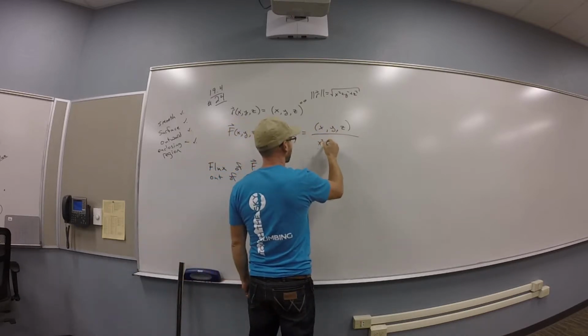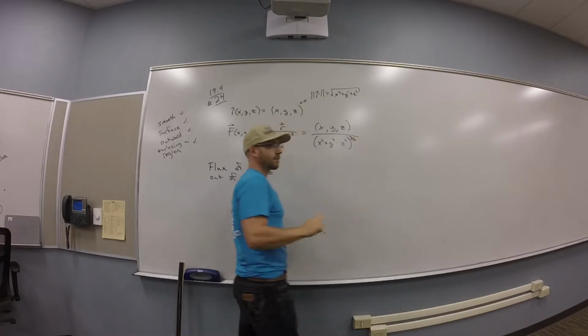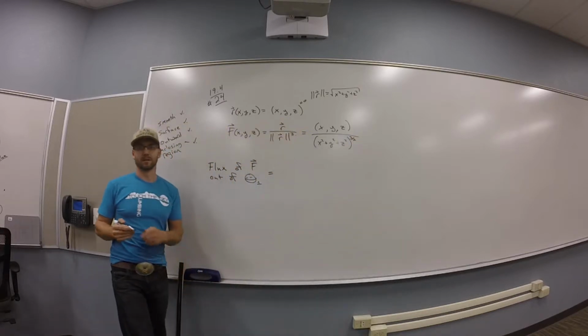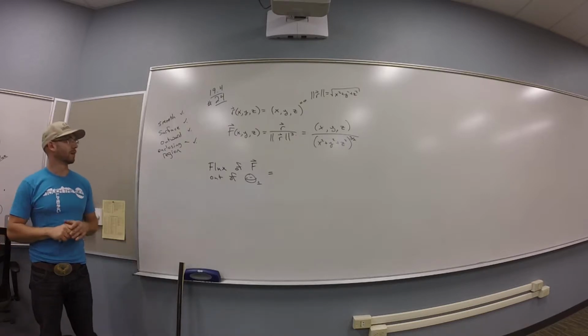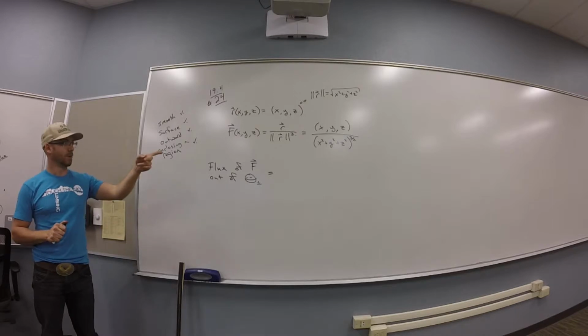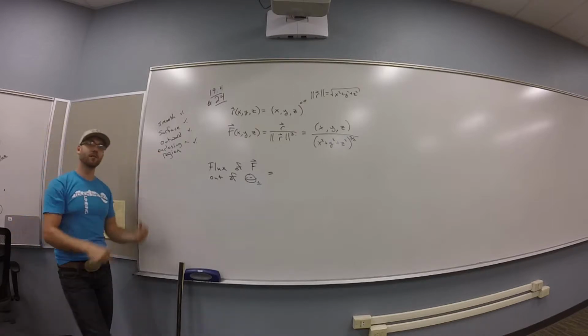So I got x squared plus y squared plus z squared all to the 3/2 power. You guys with me on this? It can't ever be negative. That's nice.